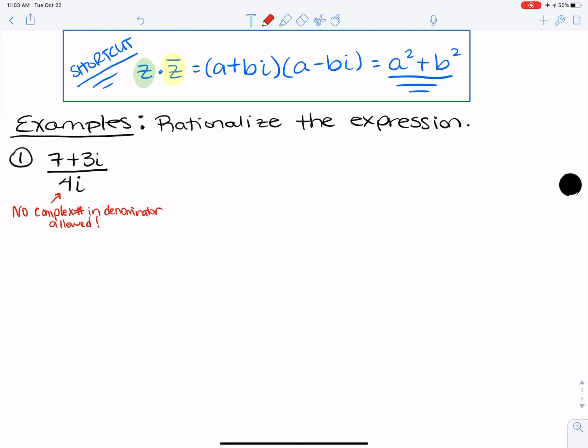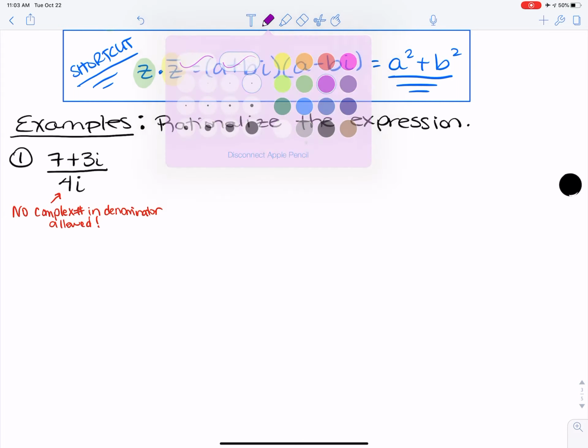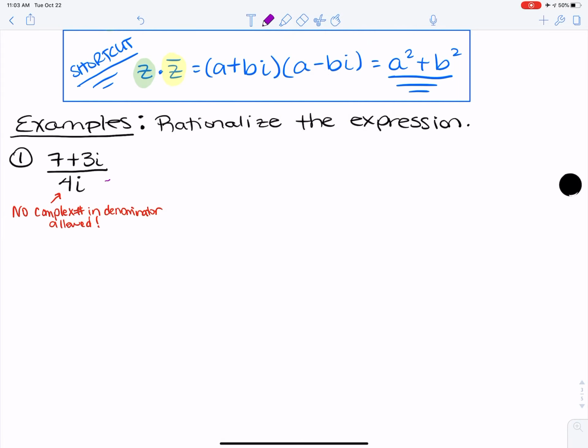I need to get that bad boy out of there. Now the question is, what do you multiply by? The complex conjugate. That's a positive 4i, so the complex conjugate is negative 4i. Whatever you do to the bottom, you do to the top. So negative 4i times it on the bottom and negative 4i times it on the top.